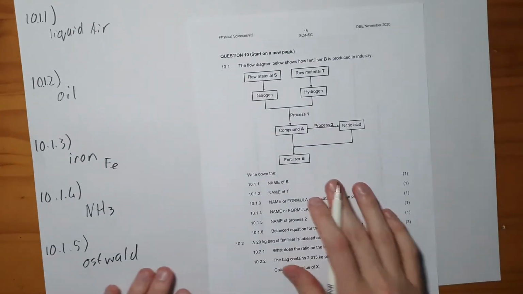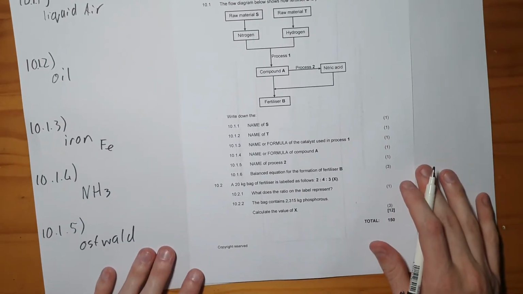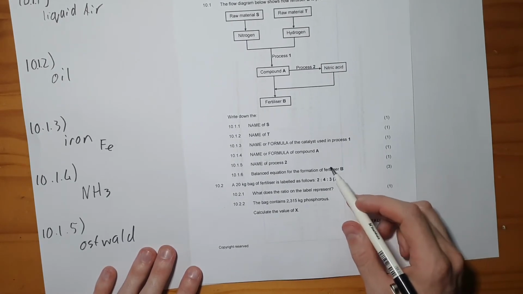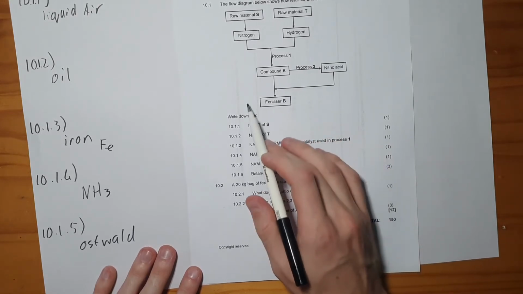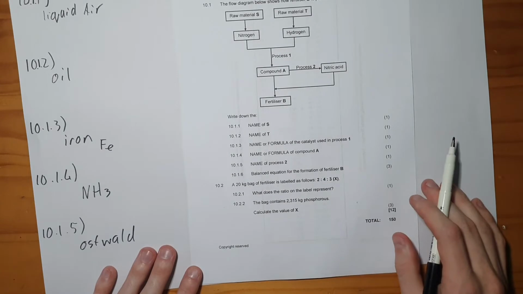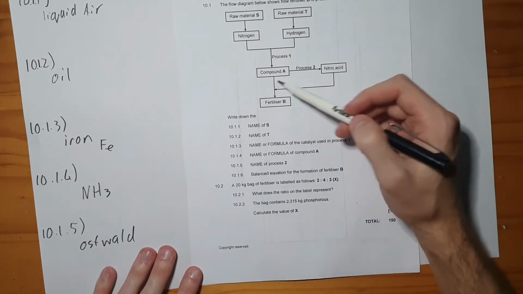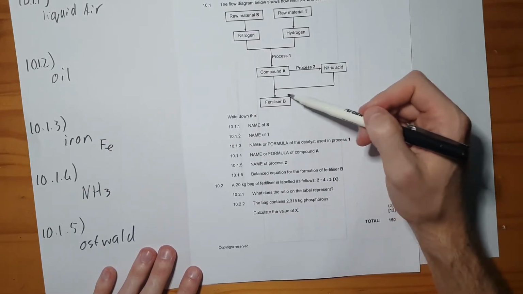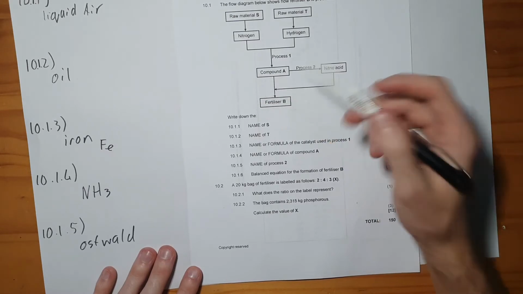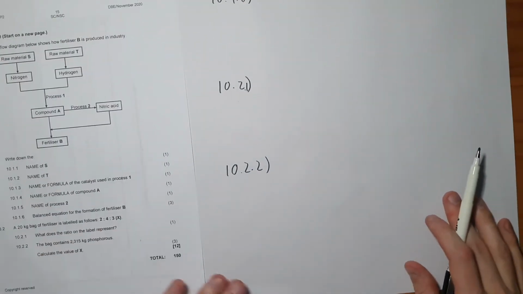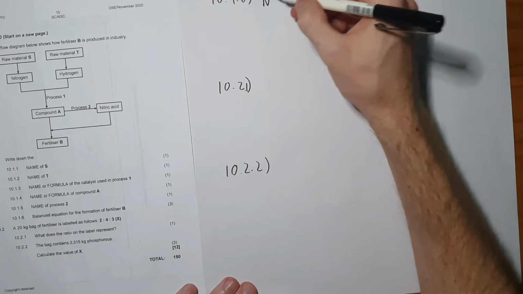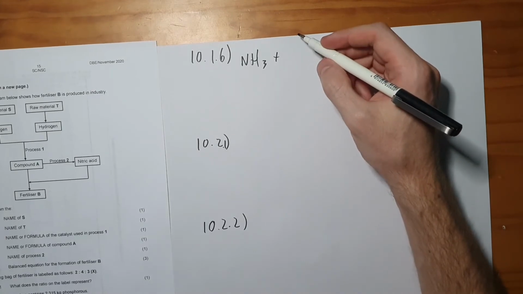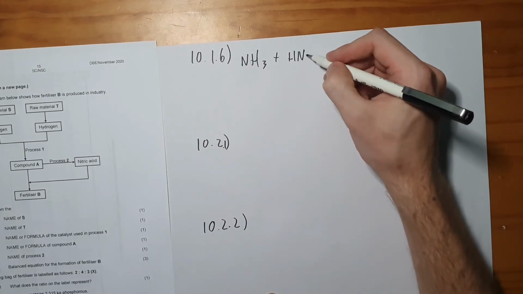Now if we look at 10.1.6, it says write the balanced equation for the formula of fertilizer B. Fertilizer B that is being formed here is going to be NH4NO3. We're taking the NH3 and the nitric acid and adding them together to form fertilizer B. To write that out, we have NH3 from the Haber process, then we produce nitric acid, which is HNO3.